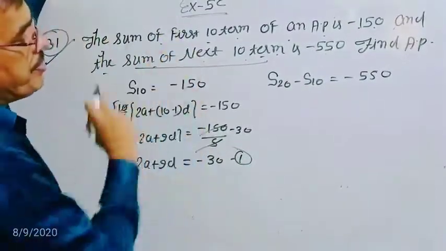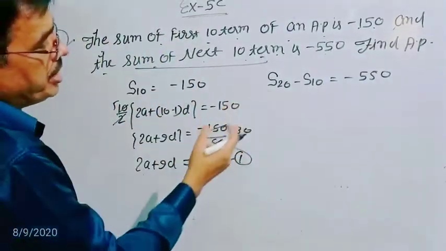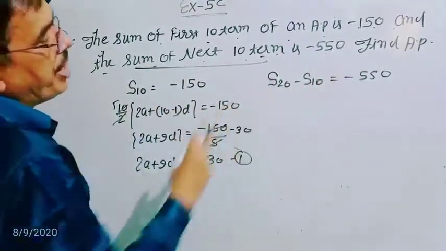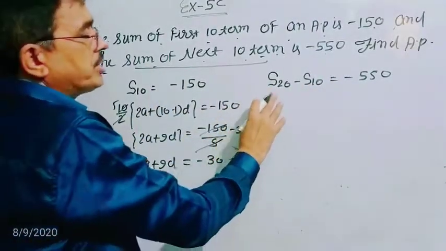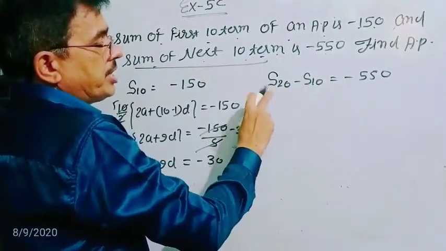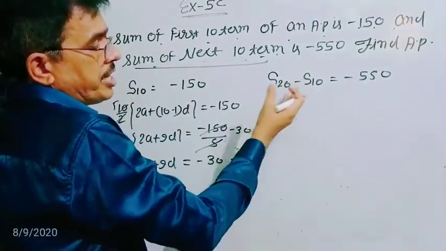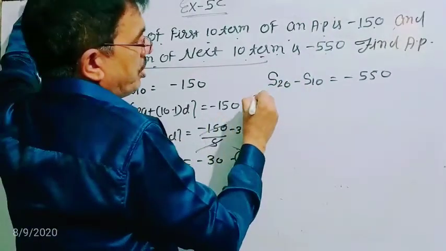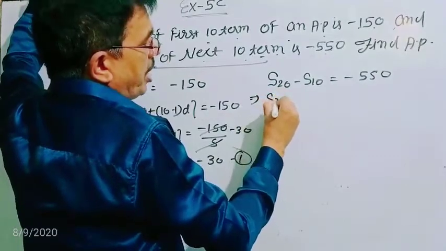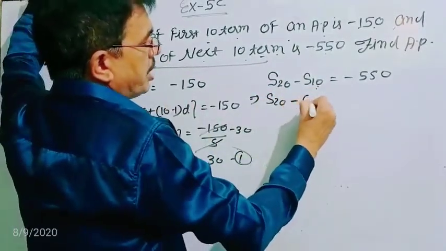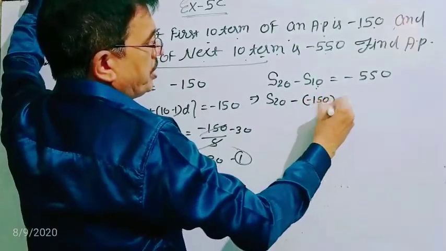Next 10 terms of this AP means after 10, that is from 11 to 20, whose sum is given as minus 550. If it is the next 10 terms, you always get S20 minus S10, then you can find the sum of the remaining next 10 terms. Here S10 is given as minus 150.